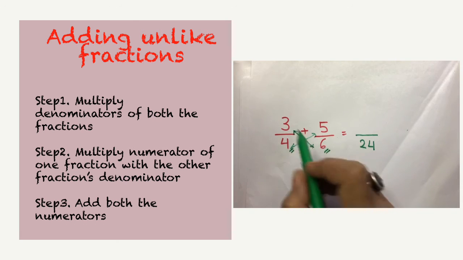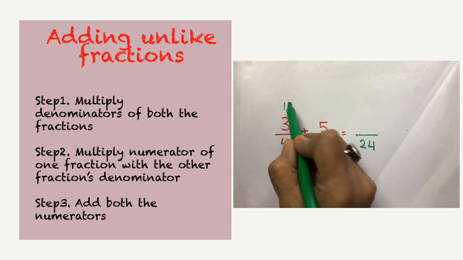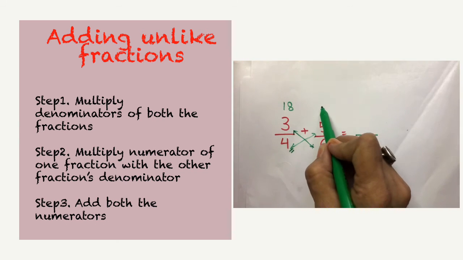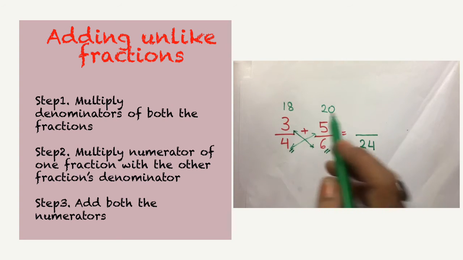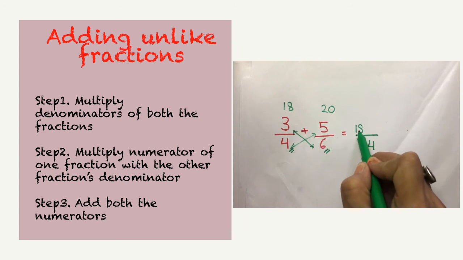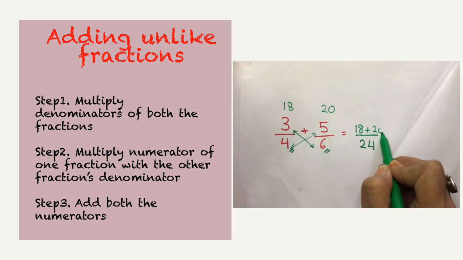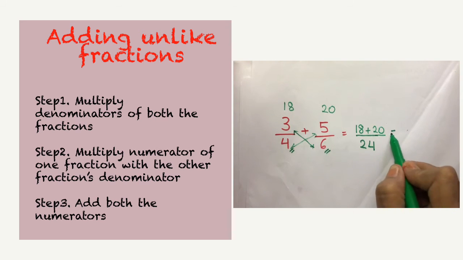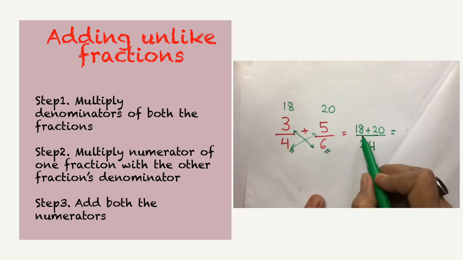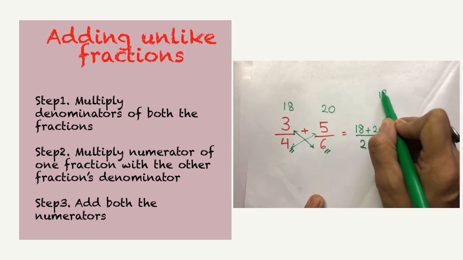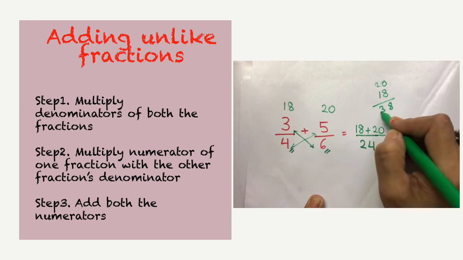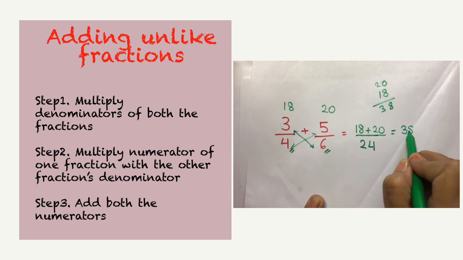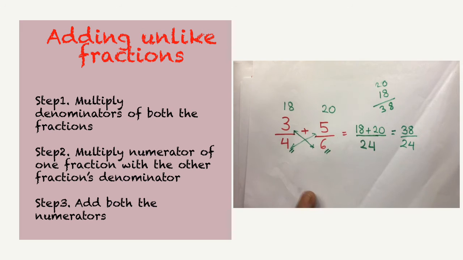So 3 6s are 18, 5 4s are 20. What do we do with these numbers now? We just add them. So 18 plus 20 gives 38, and we have 24 in the denominator.